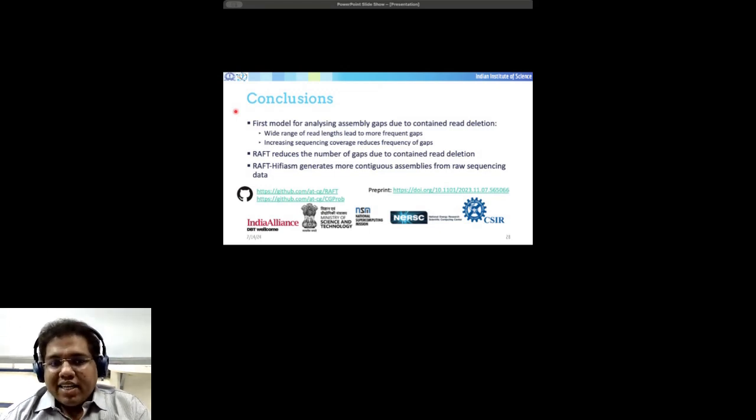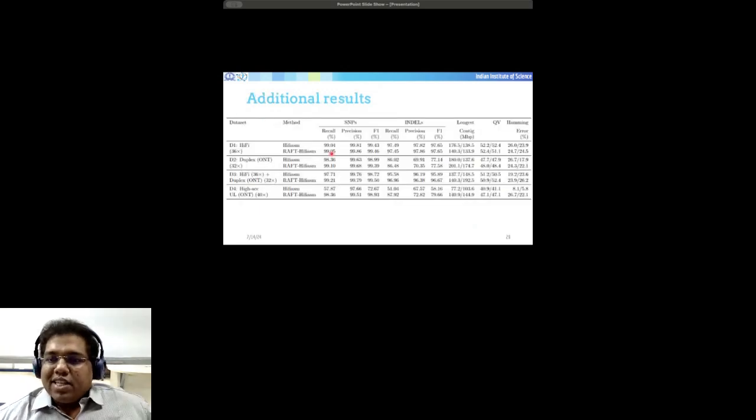So the idea is that if we get more accurate assemblies, they can then be used for better variant calling. And we have actually observed that there is a slight increase in overall variant calling for SNPs and indels when using the Raft HiFi ASM method.